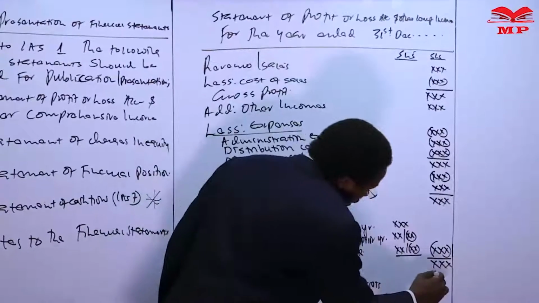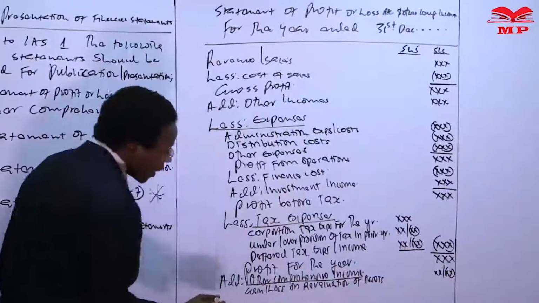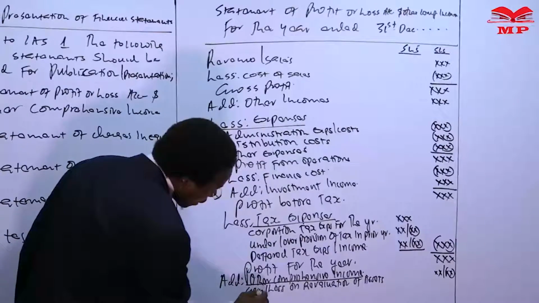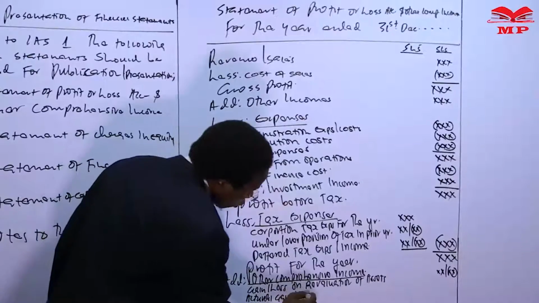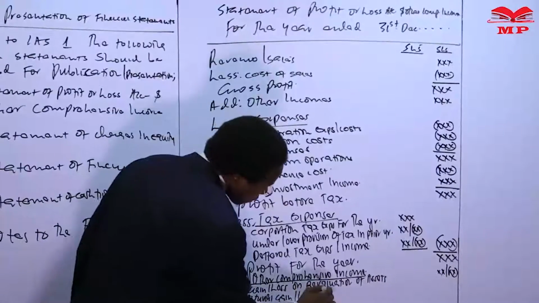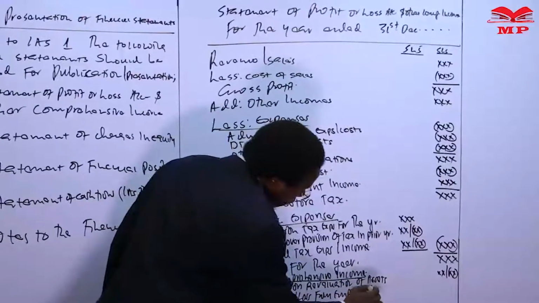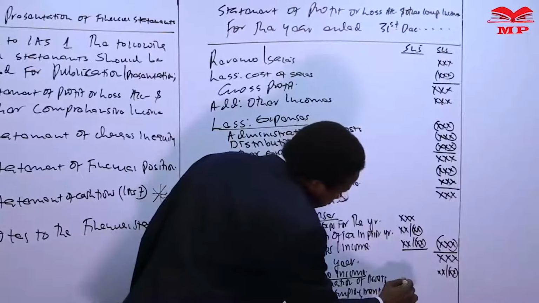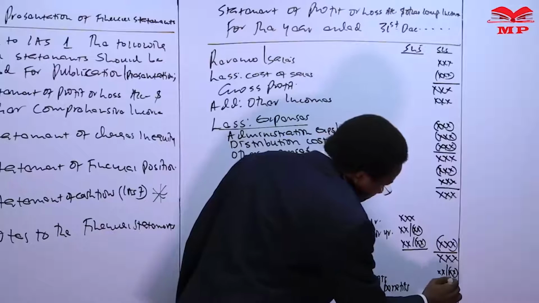If it's a gain, we are going to add. If it's a loss, we are going to subtract. Apart from the gain or loss, we may have the actuarial gain or loss from employment benefits. So you'll have this one here.